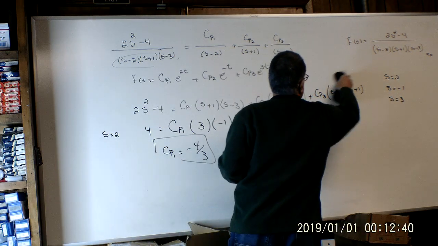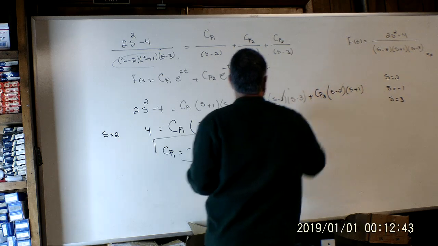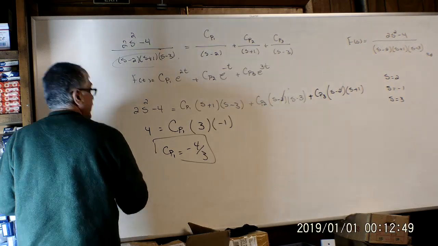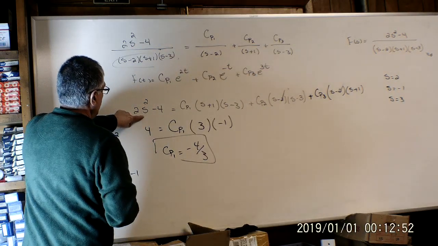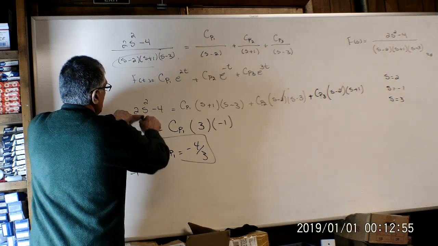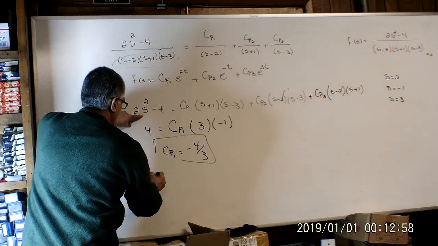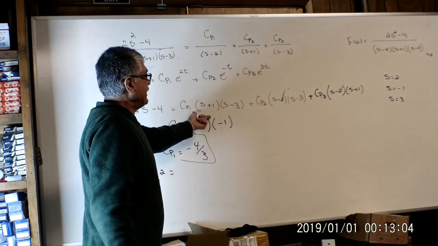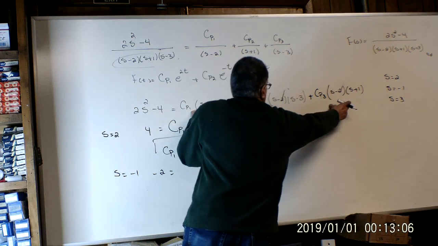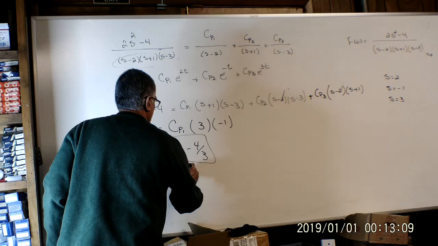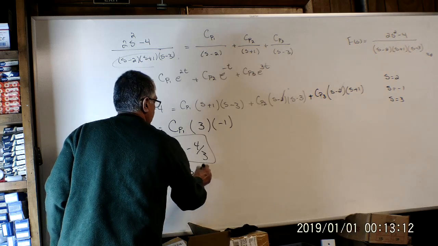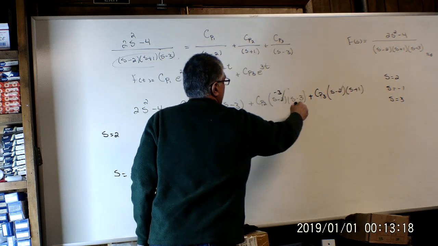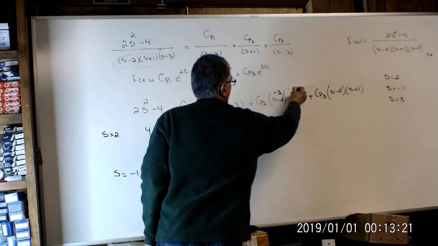And now if we set s equal to minus 1, minus 1 squared is plus 1, so 2 times 1 is 2, minus 4, we are going to have minus 2 equal to, since s equals minus 1, this term will be 0 and that term will be 0, cp2 times minus 1 minus 2, which is minus 3, and minus 1 minus 3, which is minus 4.